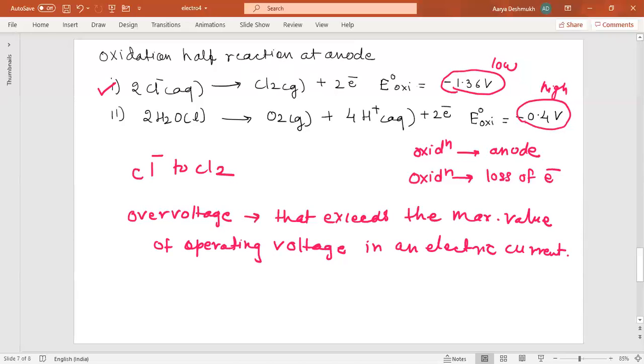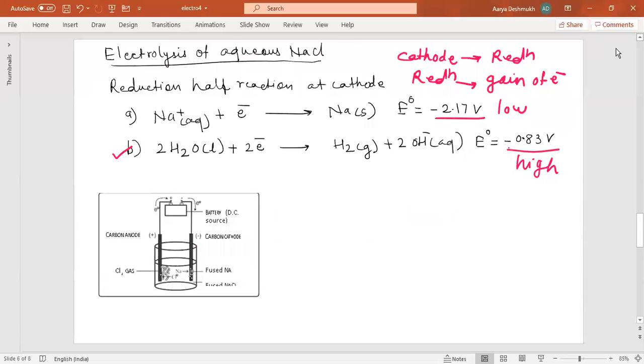In the earlier slide, I told you that the reaction of importance from our point of view is the reduction of water molecule. This is of much importance for us. This will not be taken into consideration when you write the cell reaction, due to the low reduction potential value of the sodium ions.